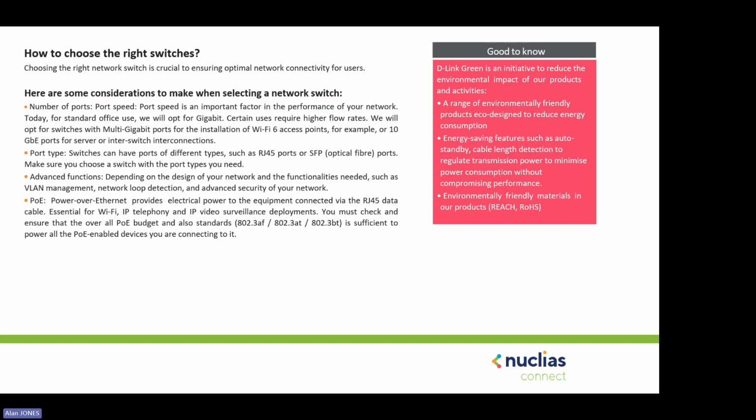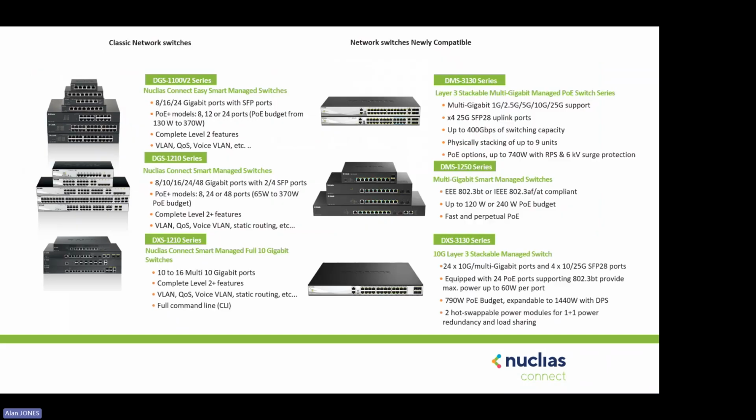That's pretty much covered the slide there. The advanced function stuff, we mentioned VLANs and all that other stuff. Most of that is in all the switches that are managed by Nuclias Connect. Even at the lowest end of switches, the DGS 1100 V2, which is the easy smart managed switch, VLANs are available there, as is most of the other stuff.